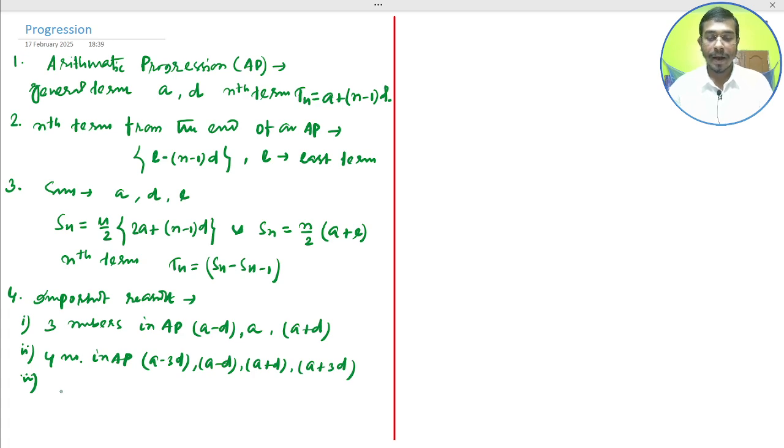Next, 5 numbers in AP would become A minus 2D, A minus D, A, A plus D, and A plus 2D.